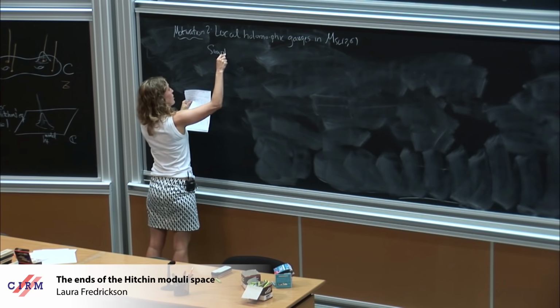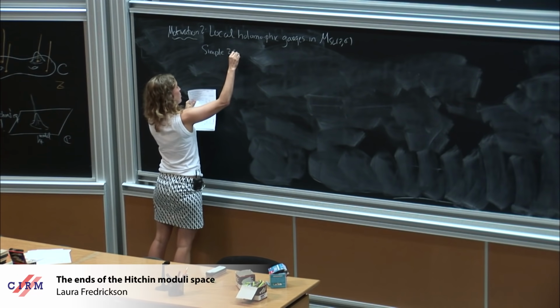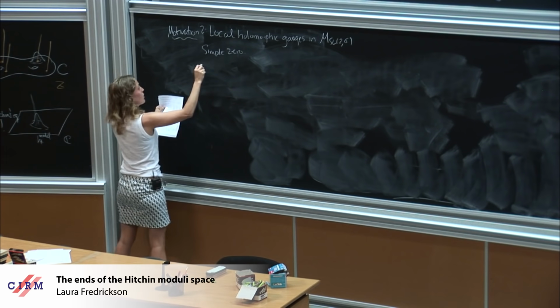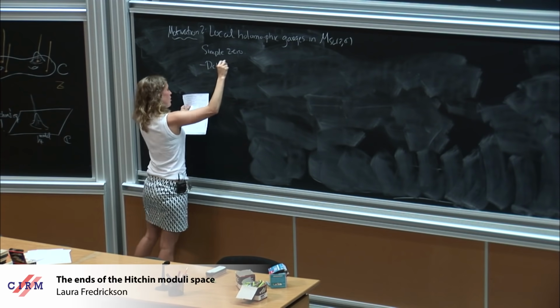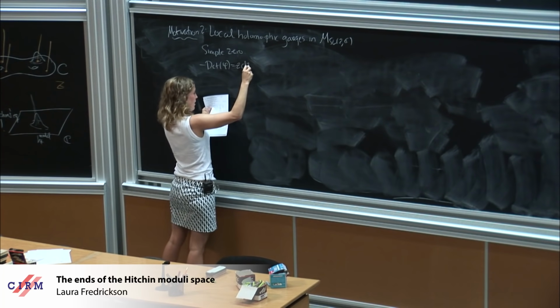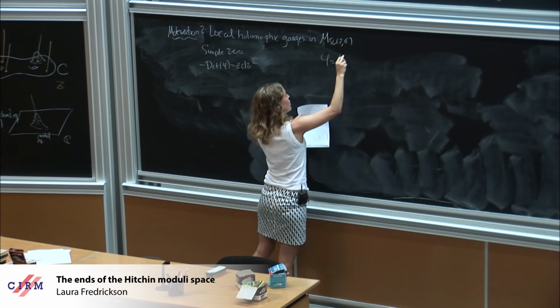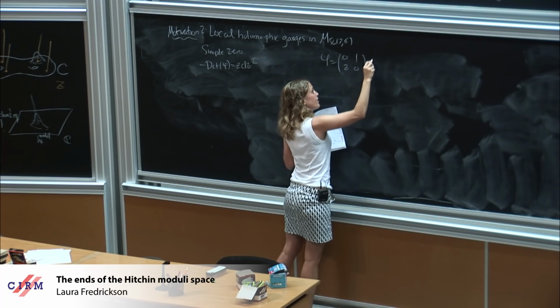Suppose that near a point p you have a simple zero in the negative determinant of phi, so you can find some coordinate where it's z. Then there exists a holomorphic gauge in which phi is equal to this.